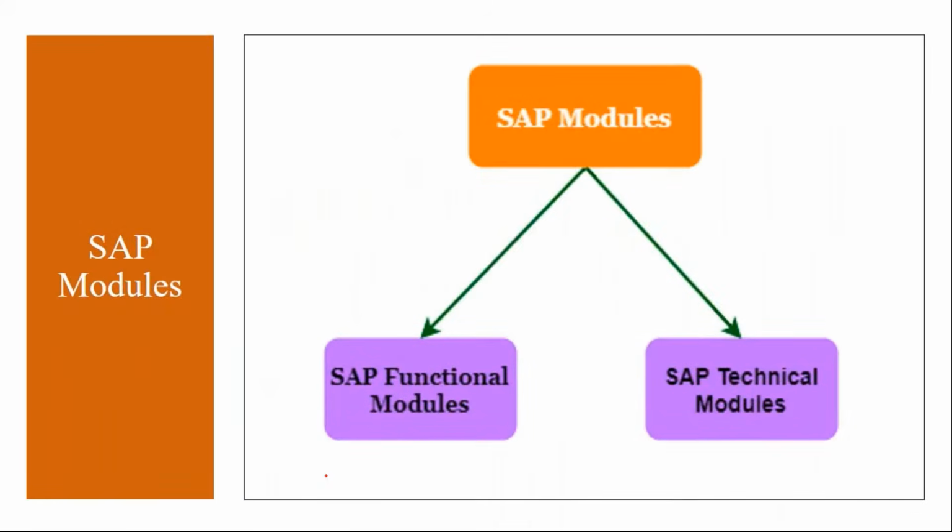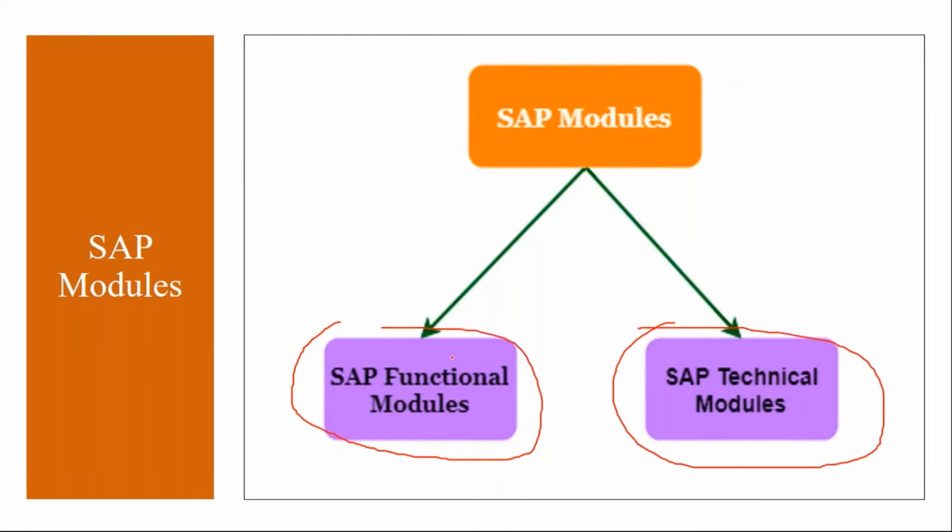Okay. So now we will talk about modules in SAP. In SAP, two types of modules are there. One is functional modules, the second is technical modules. Functional modules take care of the business processes, like purchasing, procurement, planning, production, manufacturing, sales, quality control, project systems, HR, human resources, finance, controlling, asset management.